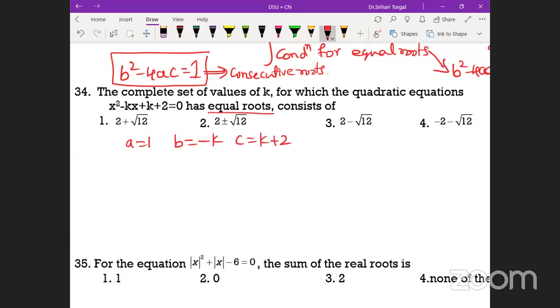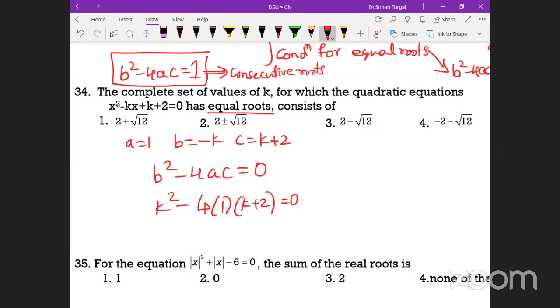What is the condition for equal roots? b square minus 4ac is equal to 0. Right? k square minus 4 into 1 into k plus 2 is equal to 0.